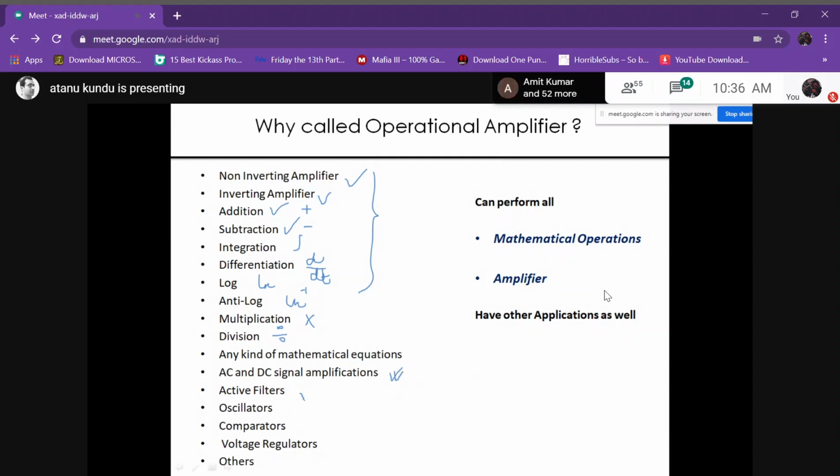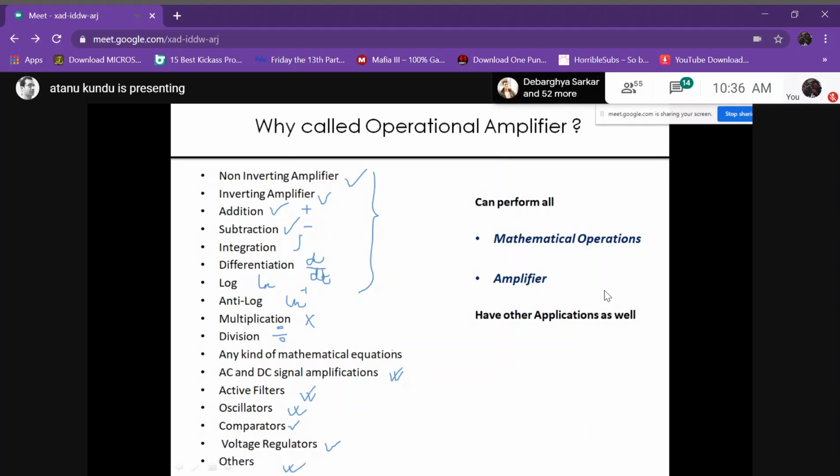It can work as a filter circuit, an oscillator circuit, and a square wave generator. It can also generate a sinusoidal signal. It can work as a comparator, a voltage regulator, and others. What not?